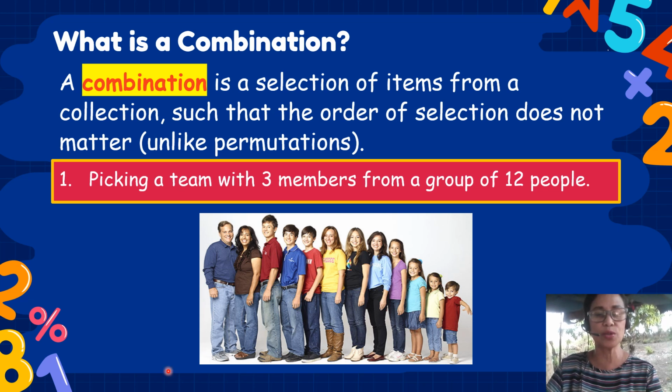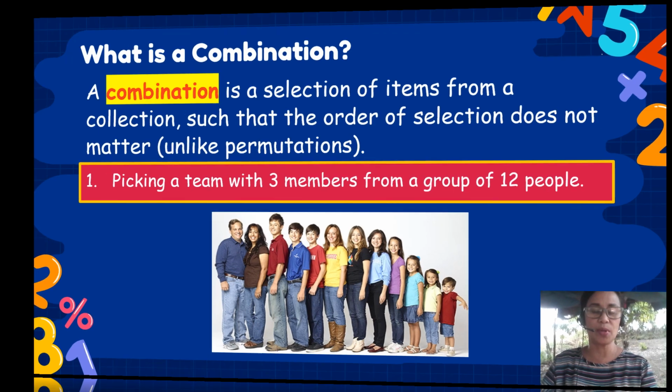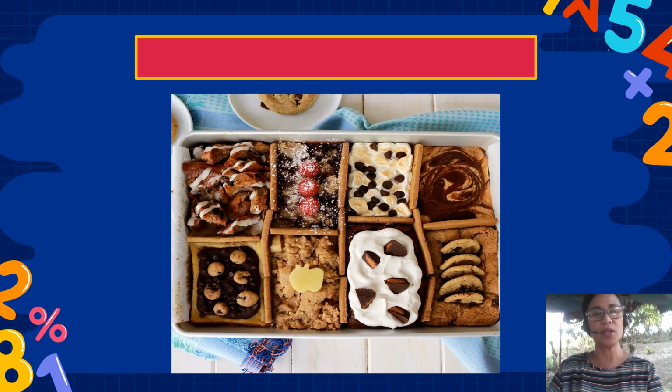So we have here 12 people, and you just need to form a team with 3 members. So you can just choose 3 from any of these 12 individuals. So that's an example of combination.